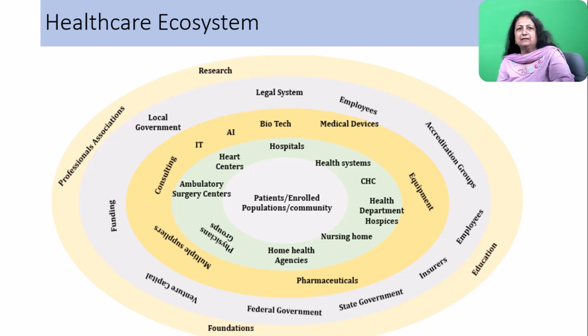There is a legal system, the local government, funding from the federal or state government, and insurance. There are employers, accreditation groups to ensure the quality of the care that is given. And then finally, research and professional associations, education, and foundations prepare the healthcare providers to ensure that the right things are done. So the healthcare ecosystem is the most important part: when they work in tandem, the people or patients enrolled will get the best healthcare.